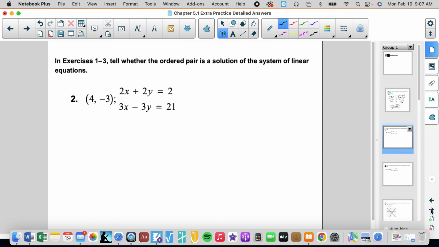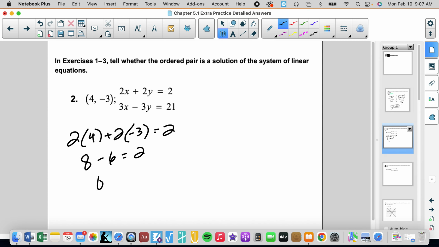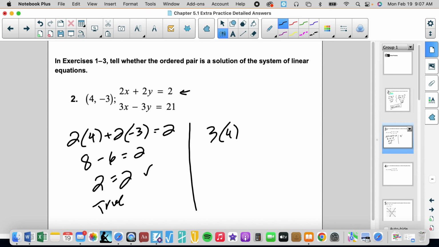So we're going to do this a little bit faster. We're going to plug in the coordinates and simplify. That's 8 minus 6 is 2. So yes, that's true. That is on this first line. So that point is a solution to that equation. And then 3 times 4 minus 3 times -3 equals 21.